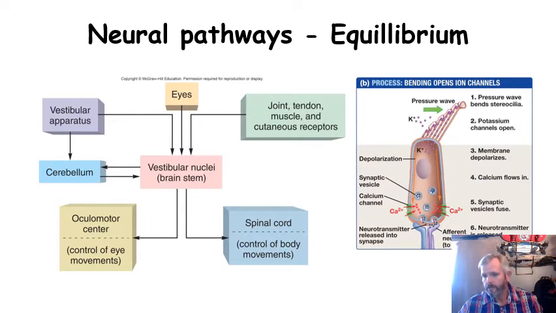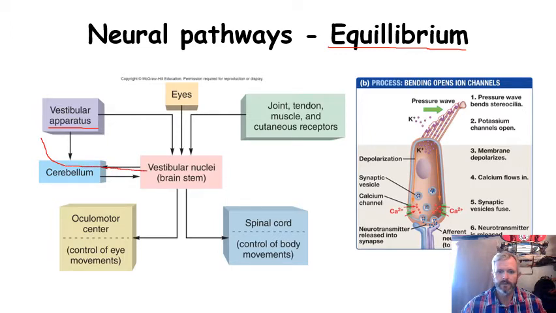So putting this all together to give us equilibrium, the information we're getting from the vestibular apparatus is just one component of the equation. Okay, the vestibular apparatus information is going to be sent to the cerebellum and then to the brainstem, and the brainstem can then coordinate eye movements and control body movements depending on the information that it is getting.